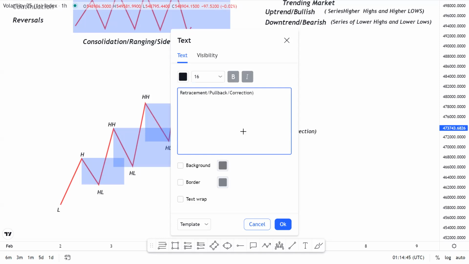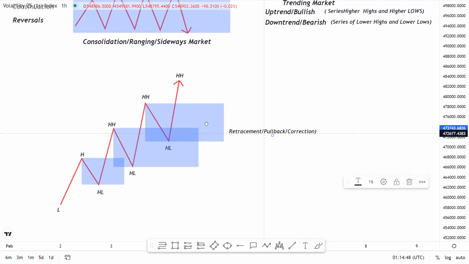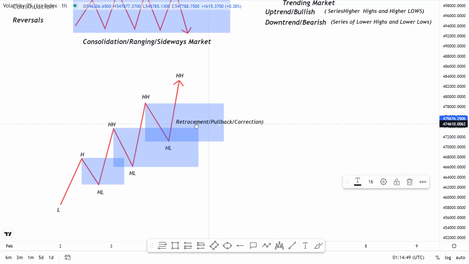This all talks about the very same thing. Retracements, pullbacks, correction. Now, that is for an uptrending market. For an uptrending market, usually the sell movements that are temporary are the retracement movements.